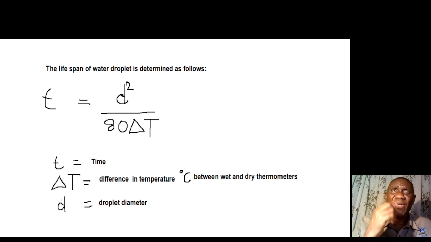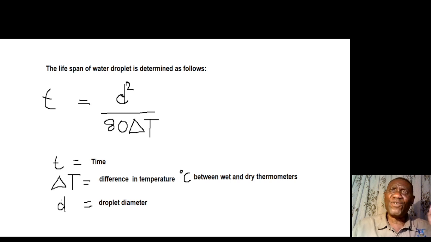Sometimes we now talk of the lifespan: how long is the droplet released from the nozzle going to stay within the environment after spray?